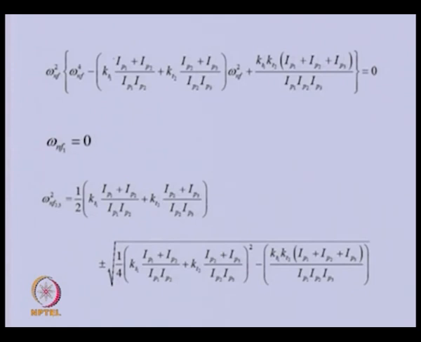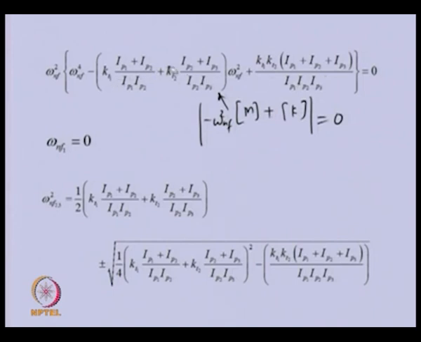If we set the determinant of those matrices to 0, this is nothing but K minus omega n square M, determinant equal to 0. So we will get a polynomial like this.